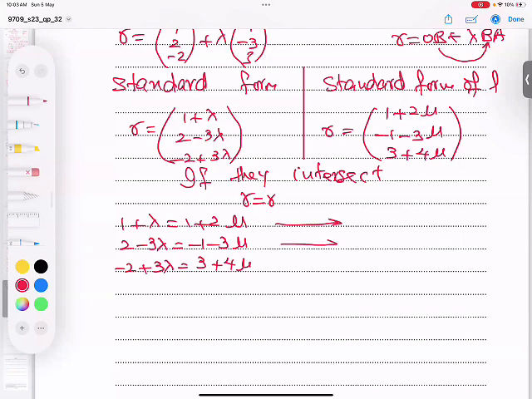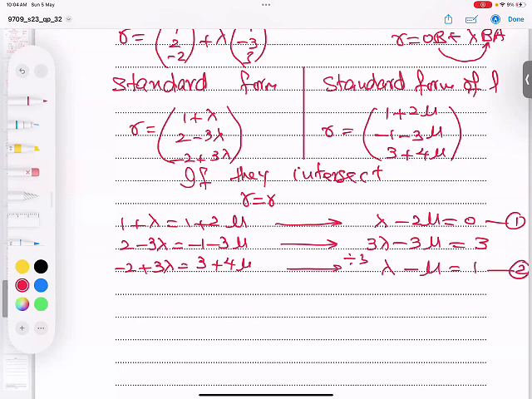And if I reshape all three equations, I get what? Lambda minus 2 mu is equal to 0. Equation 1. Okay. 3 lambda minus 3 mu is equal to 3. Let me recheck. Yes. And if I divide by 3, I get lambda minus mu is equal to 1.